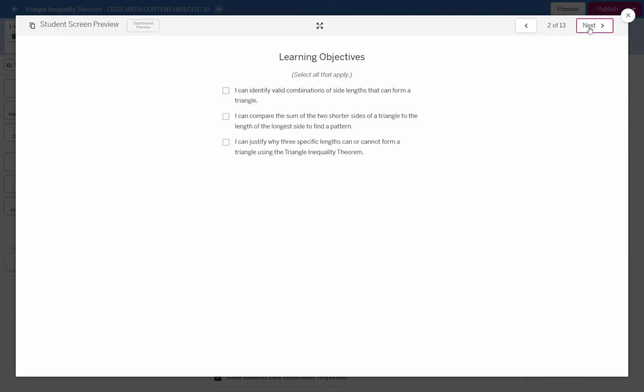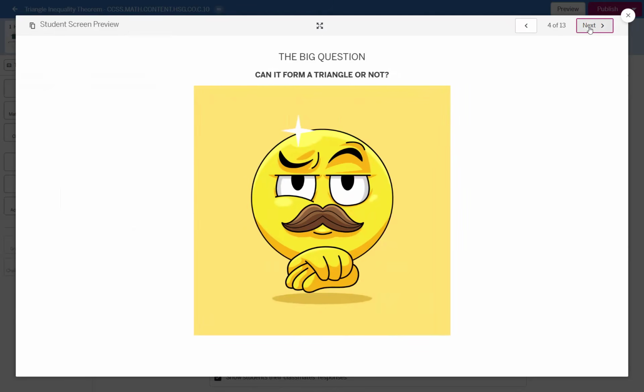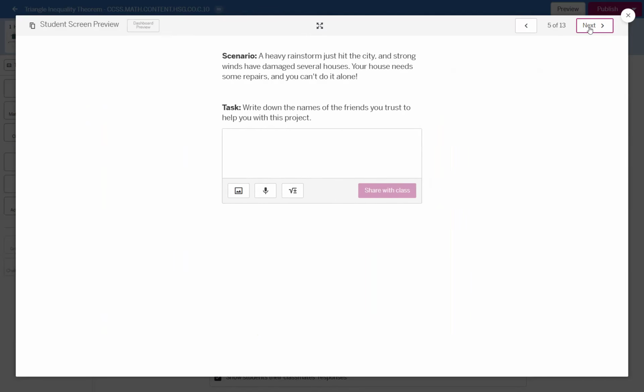Okay, so let's proceed with our starter. We have already talked about the big question, and let's start with a scenario. For us to understand why we need to learn this topic, here is the scenario. A heavy rainstorm just hit the city, and the strong winds have damaged several houses, and your house needs some repairs.